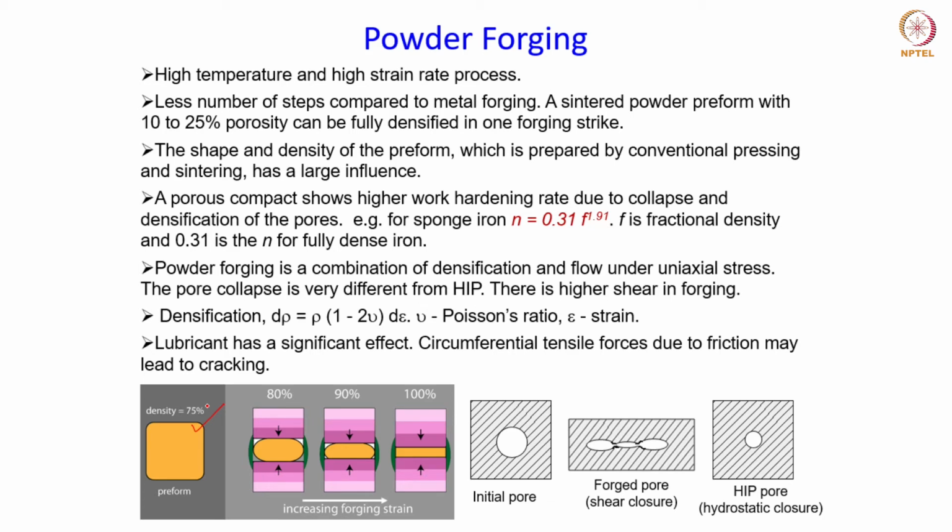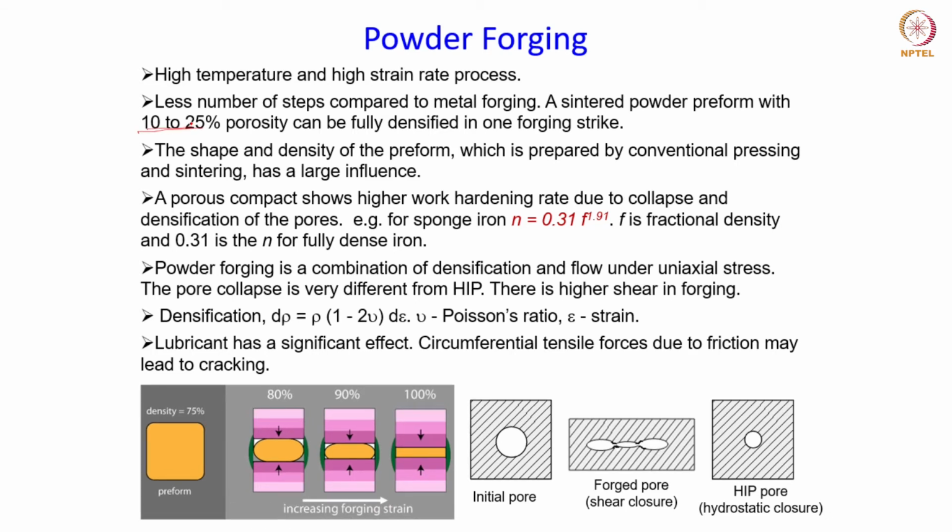The powder is pressed in a die and given a particular shape, and then it is sintered to reduce the porosity level, so that when it comes for the powder forging process, the porosity is only about 10 to 25%, as I said before. Okay. So now if this compact having a certain amount of porosity like that is subjected to forging operation in the forging die, the densification can be achieved in just one forging strike, as I said.